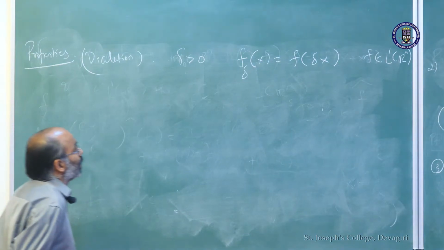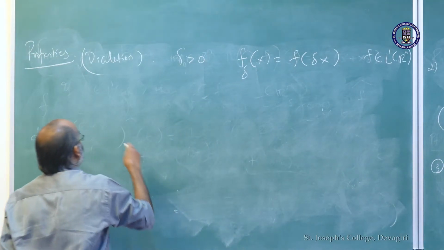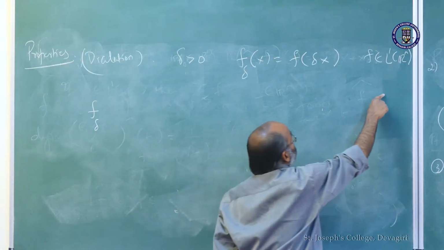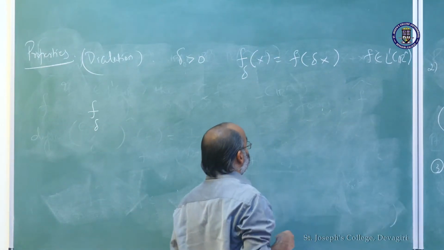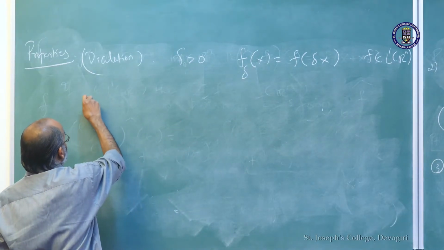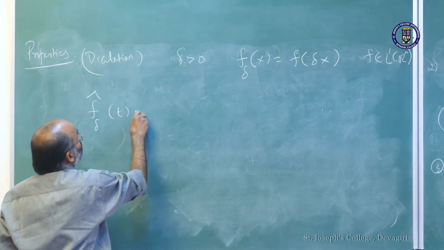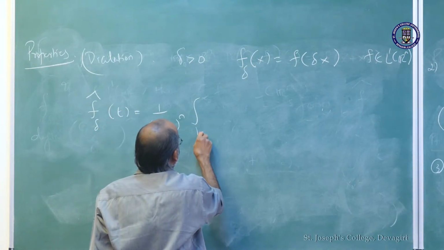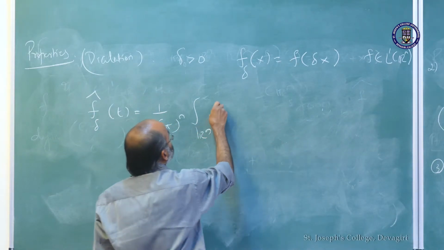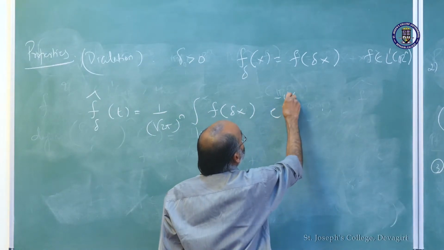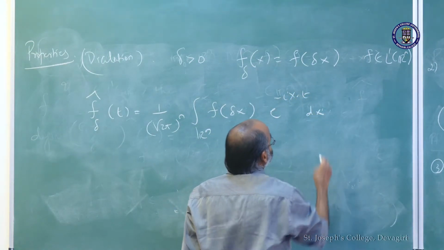That is dilation. We can compute the Fourier transform of this. If f is in L1, then multiplying the variable by delta does not change the L1 property. So the Fourier transform of f delta at t is 1 by root 2 pi to the n, integral over Rn of f delta x times e to the minus i x dot t dx.